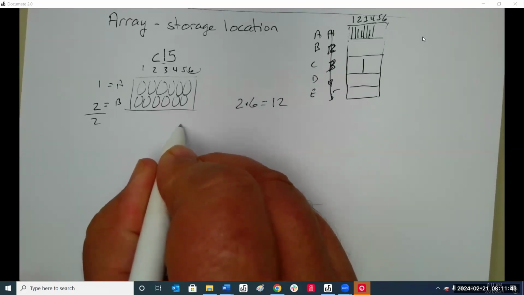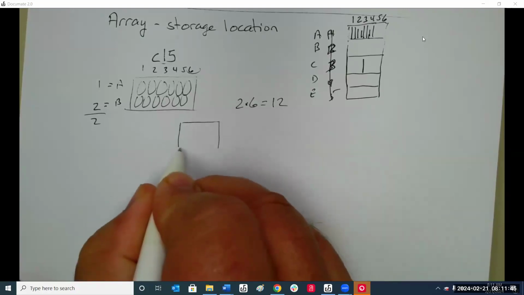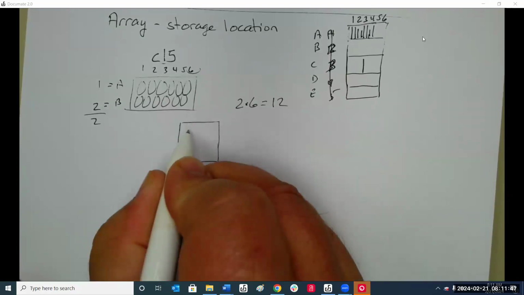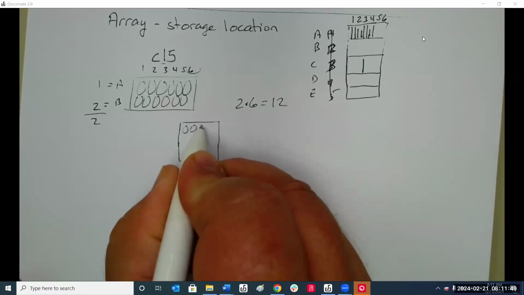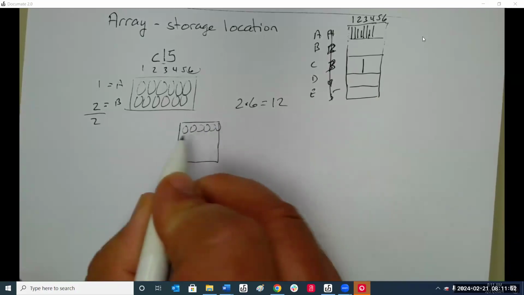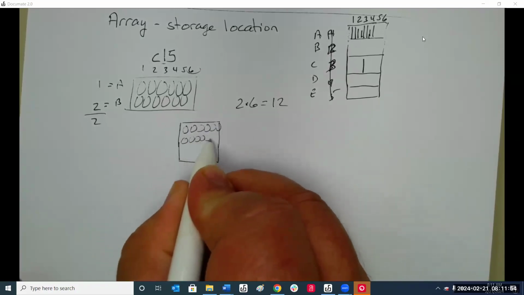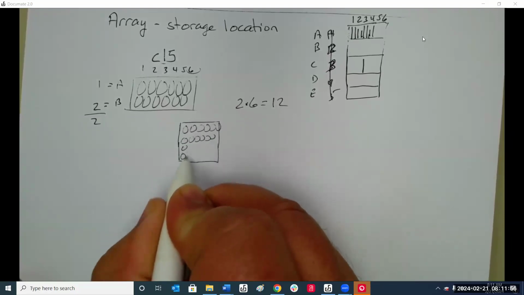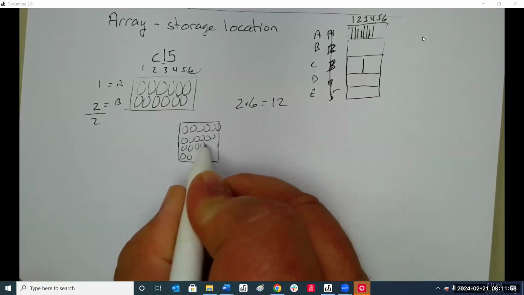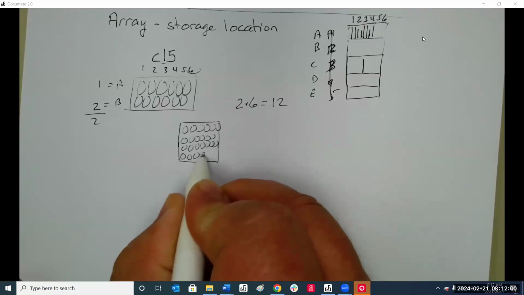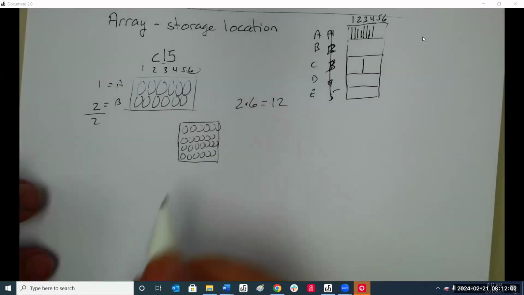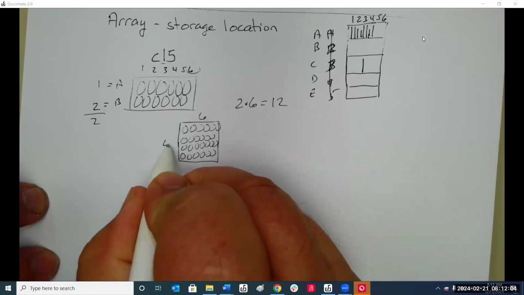Eggs, if you ever buy them by the 24 carton, you have 6 across and you have 4 rows. So you have 6 across and you have 4 rows.